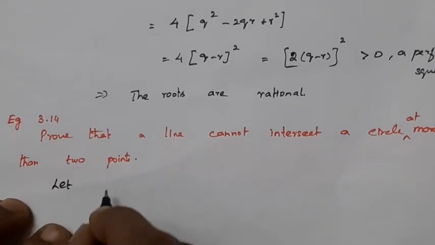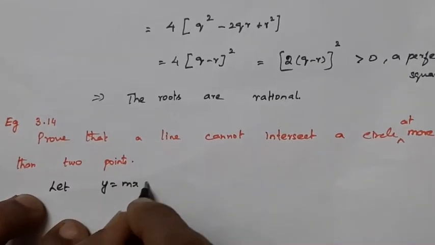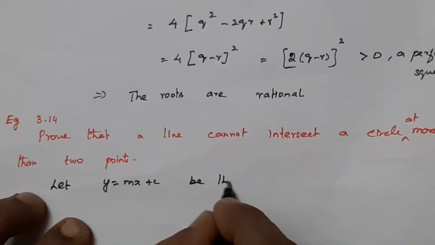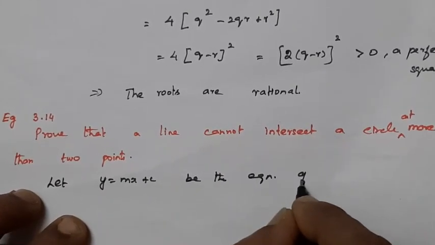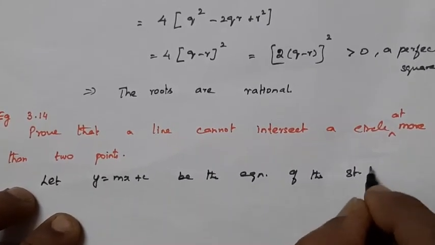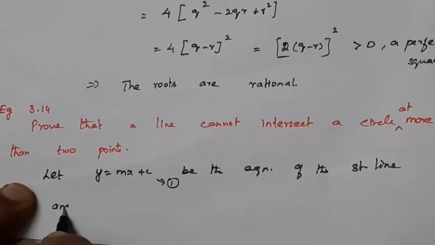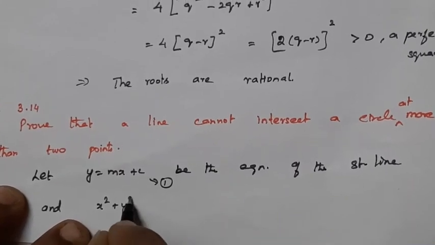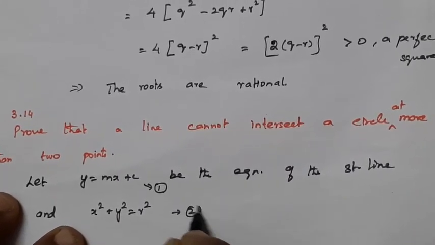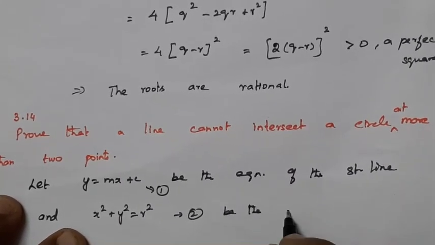Okay. So let y is equal to mx plus c be the equation of the straight line. Let it be equation 1, and x squared plus y squared is equal to r squared be the equation of the circle.